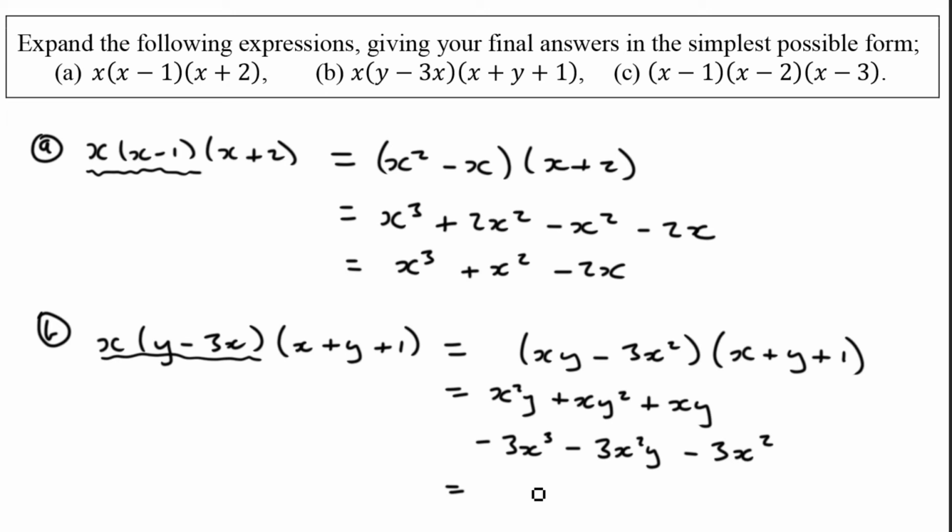So a little bit of tidying up we can do. We've got negative 2x squared y's combining these 2 terms. And we've also still got the xy squared, the xy, the negative 3x cubed, and the negative 3x squared.